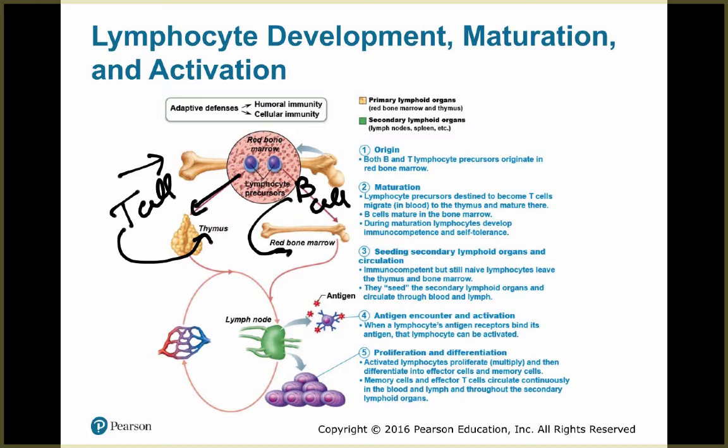So B and T cells display only one unique type of antigen receptor on the surface when mature and combine with only one specific antigen. So they don't bind a whole lot of them. And they become what's known as self-tolerant.